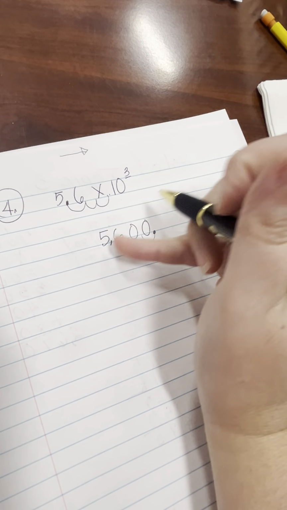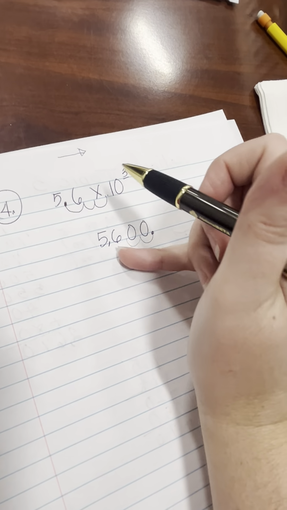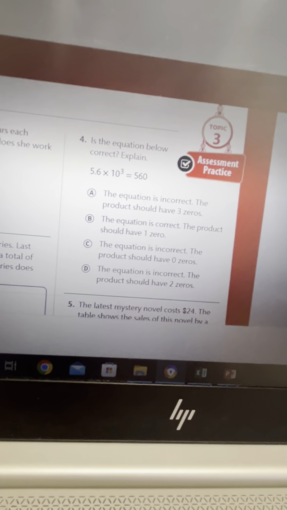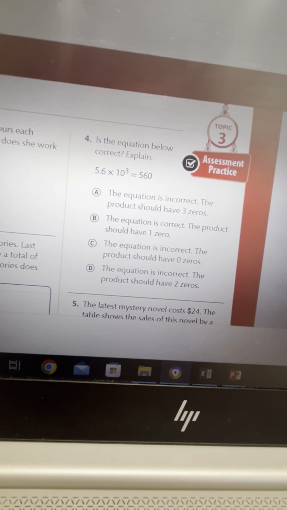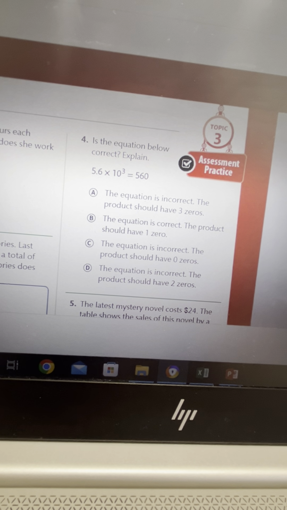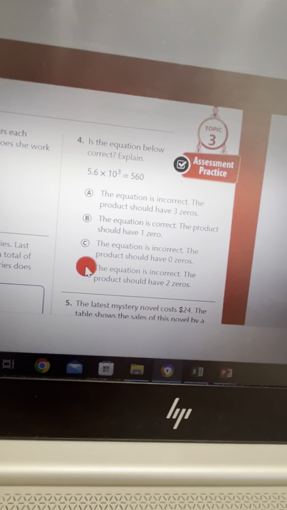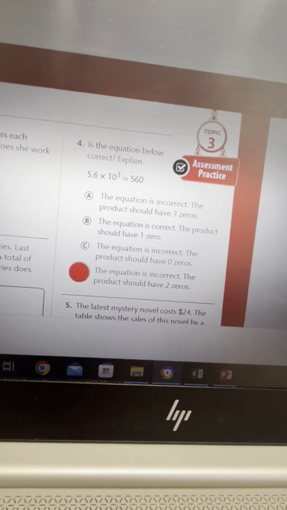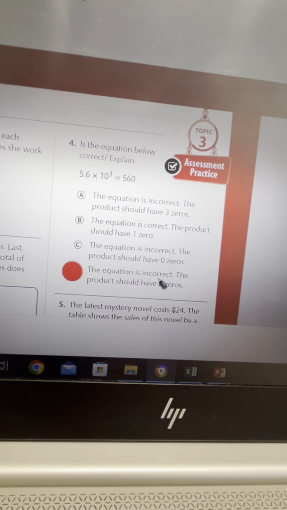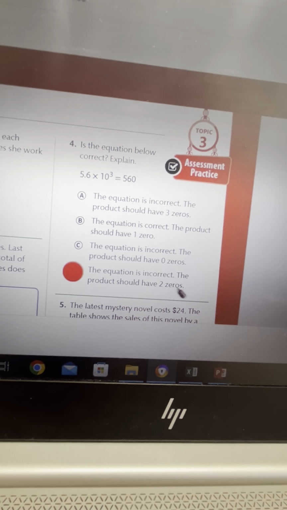So the answer would be 5,600. So the answer on here was D, because it was incorrect. It was supposed to have 2 zeros because it was 5,600, so they need to move the decimal more.